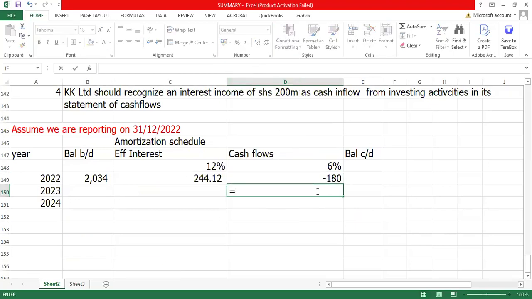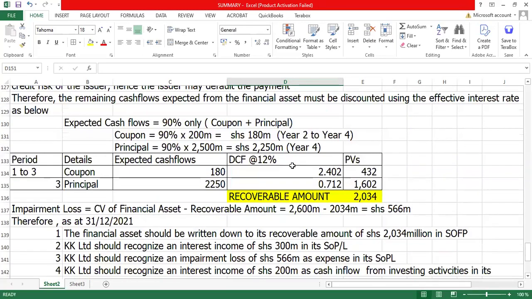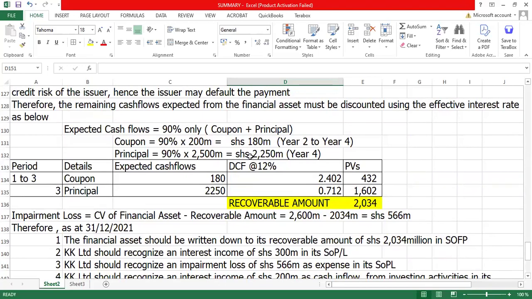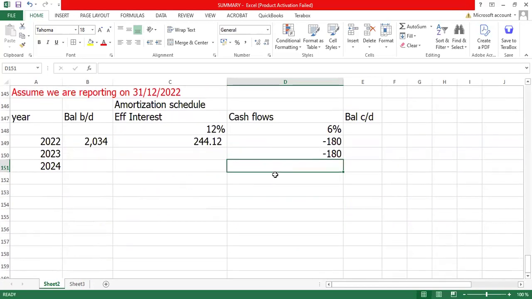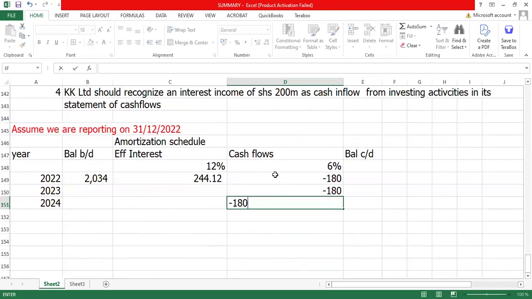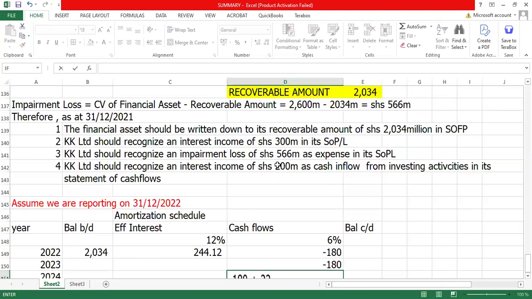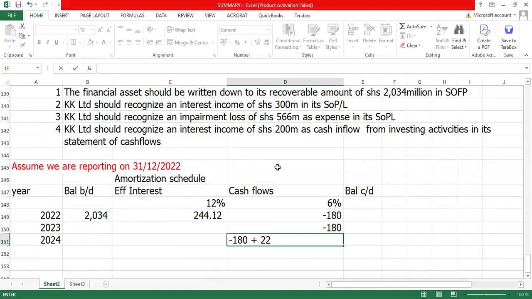Even here, 180, because it will be 180 for the remaining period. Then the last period, 2024, it is what you expect in the last period: 180 plus 250. That's what you expect at the end.